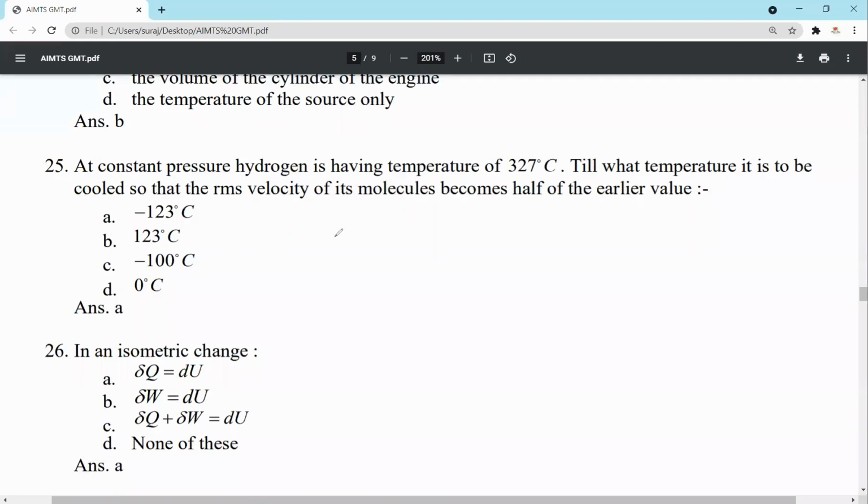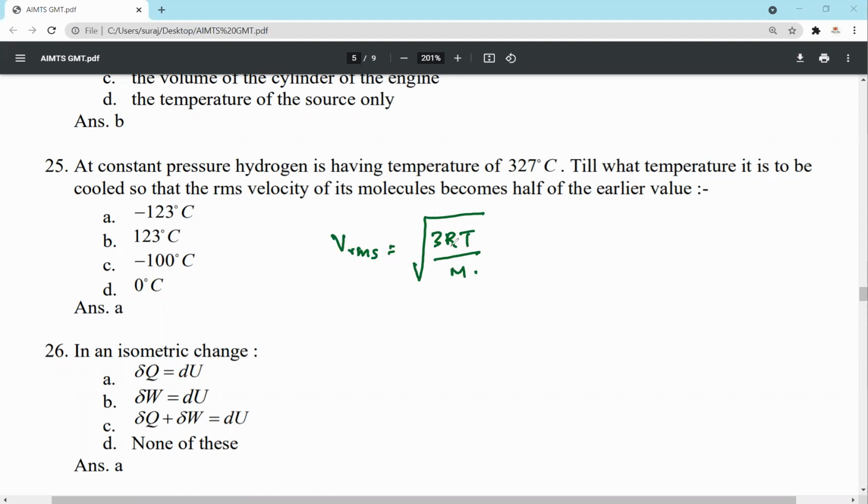At constant pressure, hydrogen is having temperature of 327 degrees Celsius. Till what temperature it is to be cooled so that the RMS velocity of the molecule becomes half the earlier value. RMS velocity will be equal to root over 3RT by M. Clear?